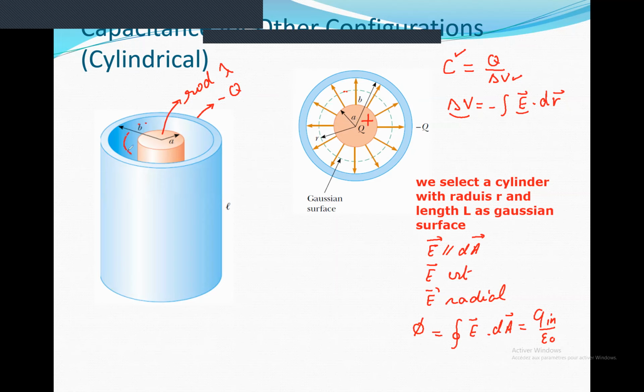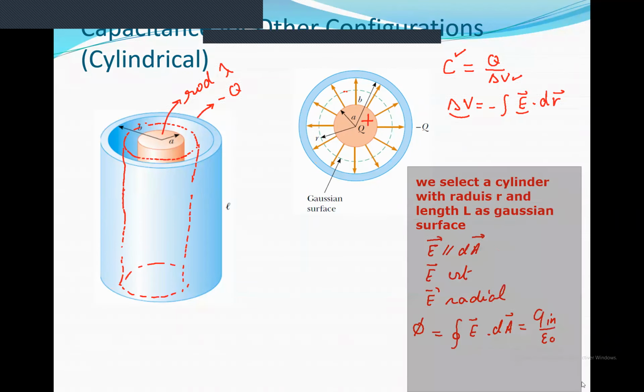It's a cylinder inside with a length L. Okay, we can take the length of the Gaussian surface also equal to L. Anyway, we can write, let me clean before.